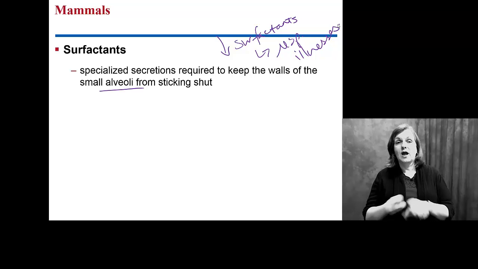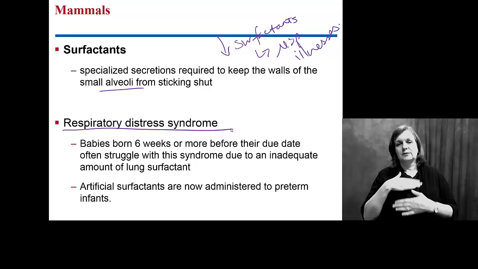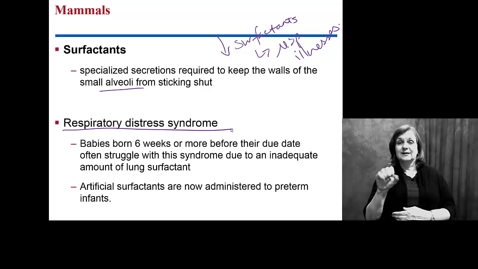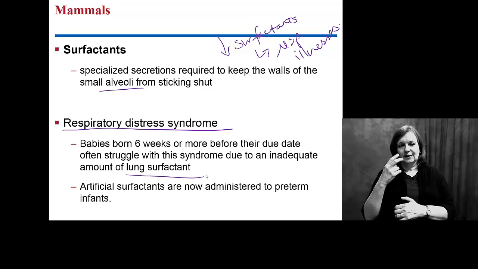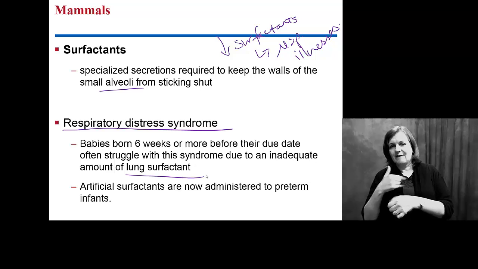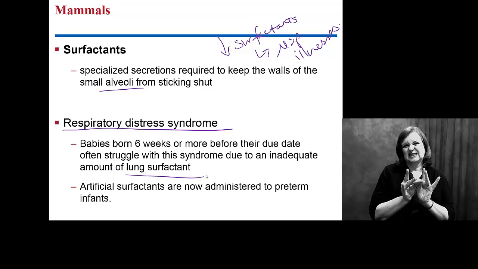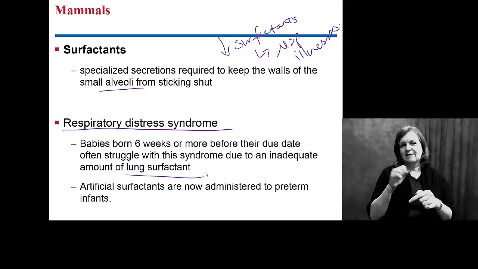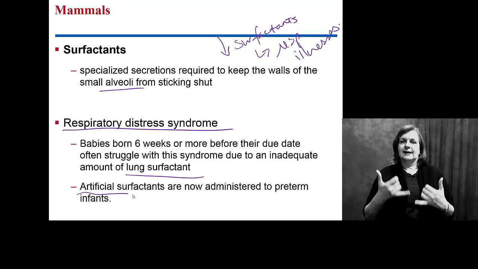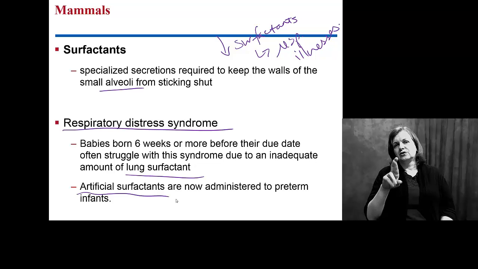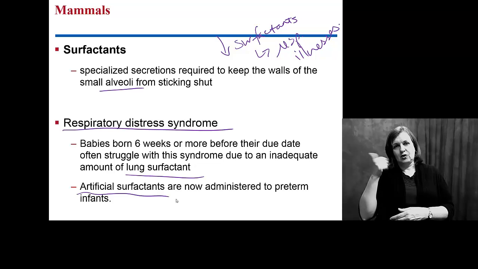You can also be born with surfactant issues. So respiratory distress syndrome is actually in infants and typically in premature birthed infants. Looking at the amount of lung surfactant as being inadequate, essentially their lungs are sticking shut in the alveoli. So if the alveoli stick shut, you can't get oxygen, you can't get air in there to exchange the oxygen and the carbon dioxide. Now we actually can use artificial surfactants, things that are manufactured, to help these infants get off to a better start.